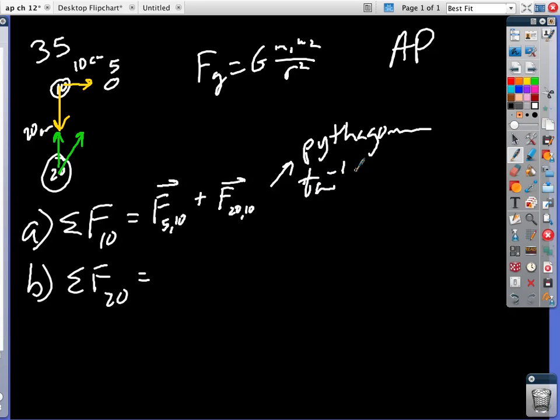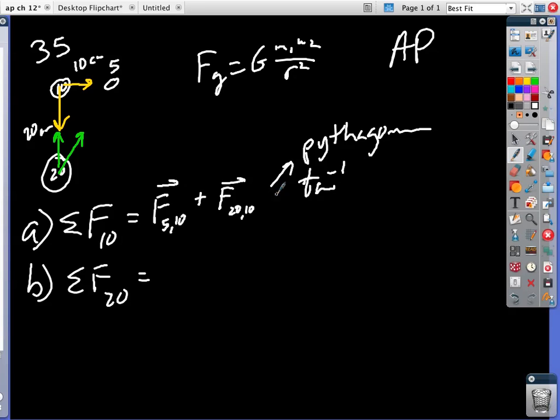Questions on that part? Okay. And the reason Pythagorean requires a sum of the forces in the X, sum of the forces in the Y kind of deal. But since they're both X and Y, it's easy.